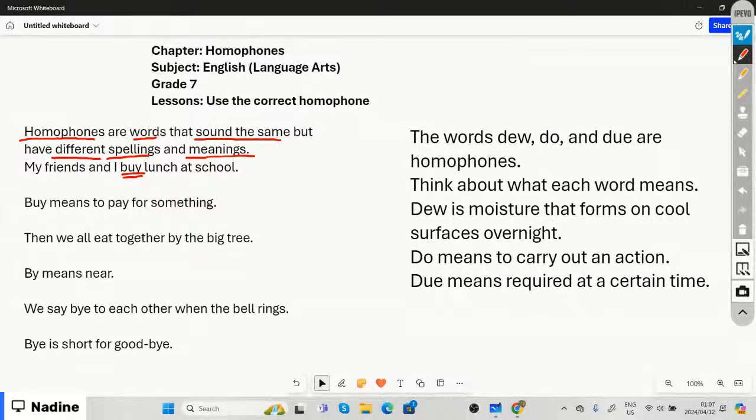Then the second word that sounds the same, but the spelling as well as the meaning is different, is in the sentence, we all eat together by the big tree. This word by means near.